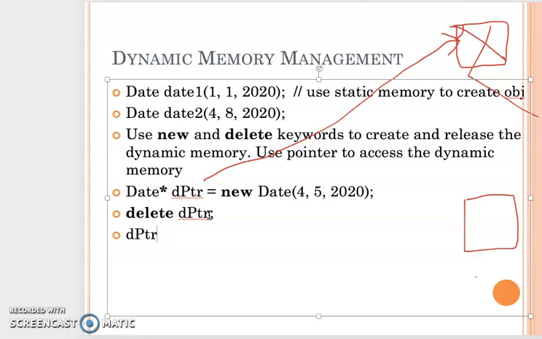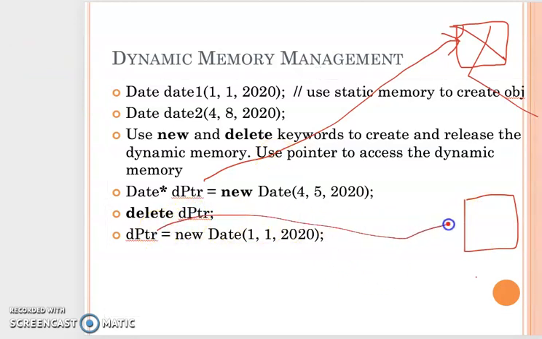Since you released the memory location here, you can create another date, January 1st, 2020. So here is our January 1st, 2020, and this pointer refers to the new object.